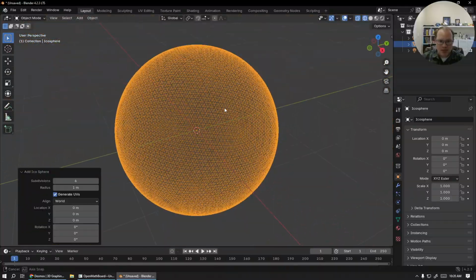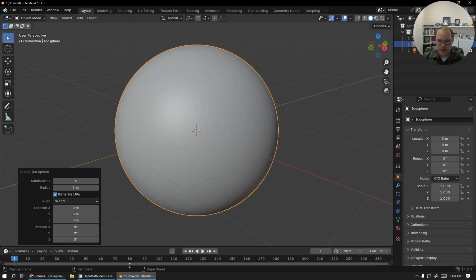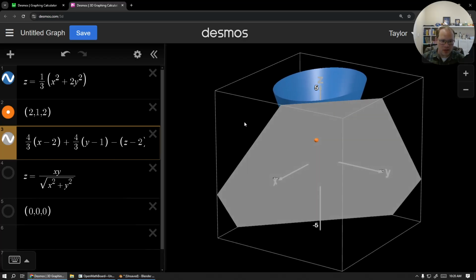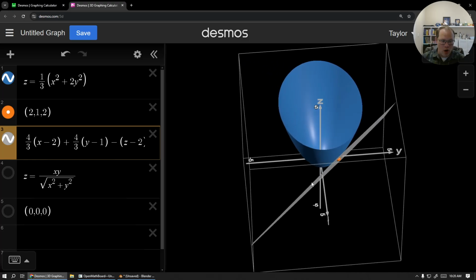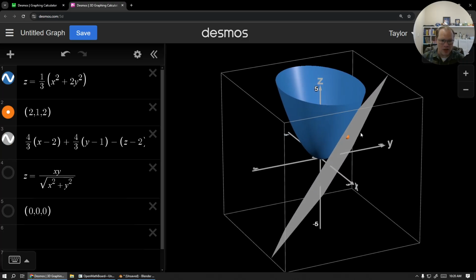All those planes come together and approximate the surface of a sphere. So that's one application of this. We can approximate a curved surface like a paraboloid with just a bunch of planes.